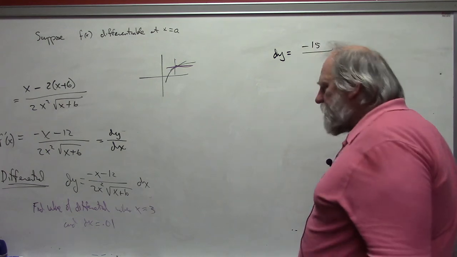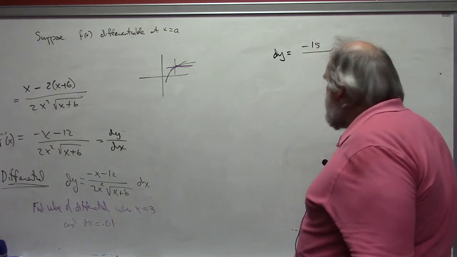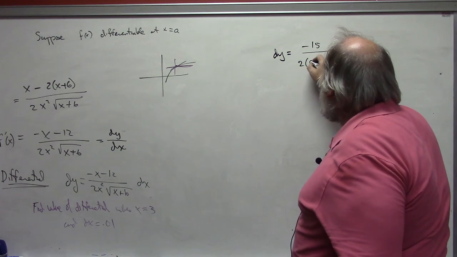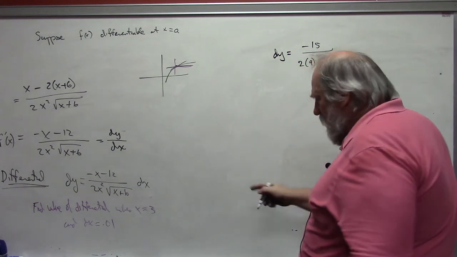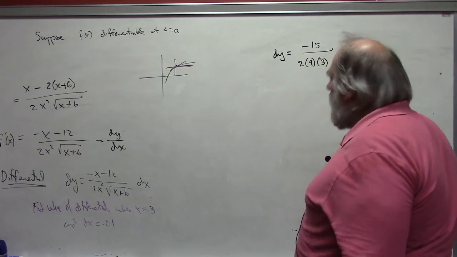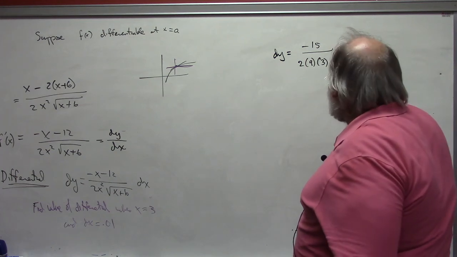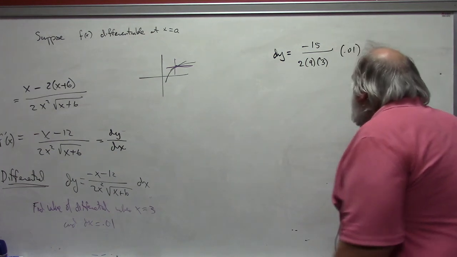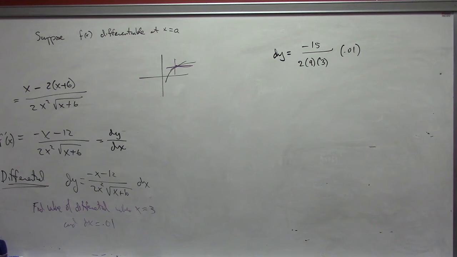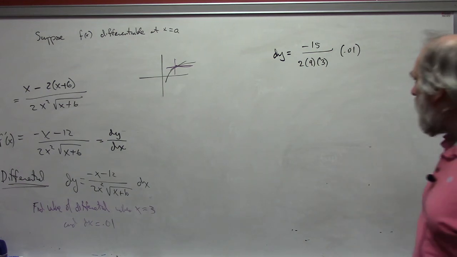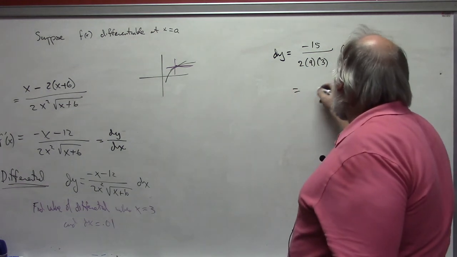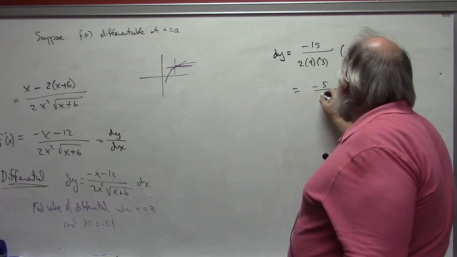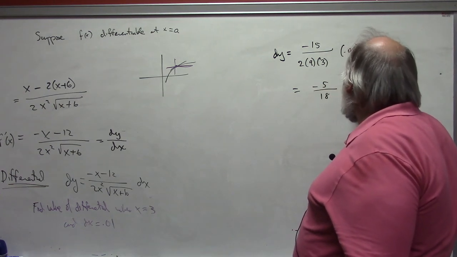negative 15 over 2 times 9 times the square root of 9, which is 3, all times 0.01. And we can simplify this down a little bit. This is negative 5 over 18 times 0.01, and whatever that comes out to be.